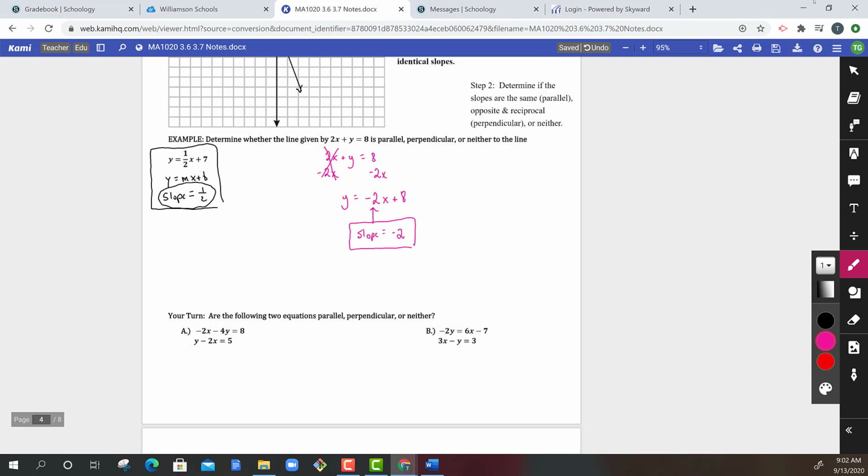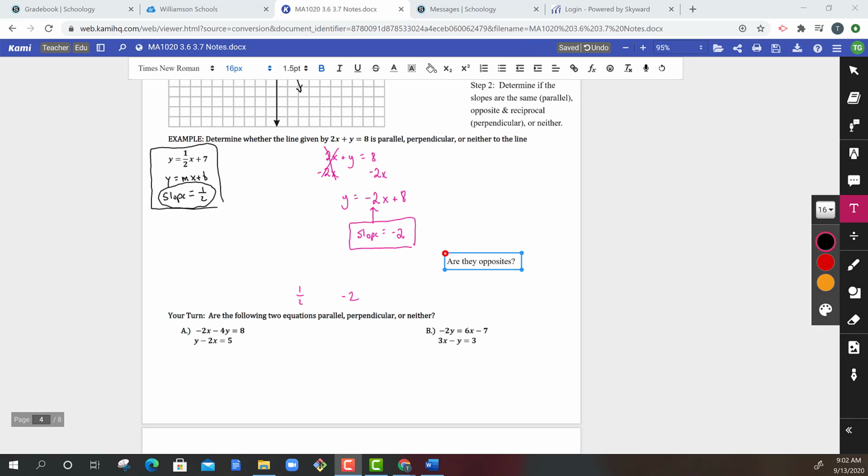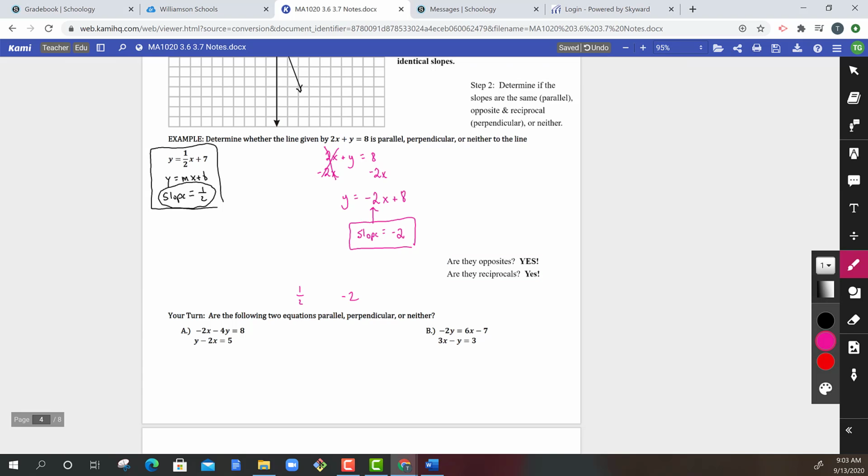So we look at these two numbers, +1/2 and -2, and we ask ourselves, are they opposites? That answer is yes. One is positive, one is negative. Then we ask, are they reciprocals? Yes, because remember, reciprocals are two fractions where the numerator and denominator are flipped.